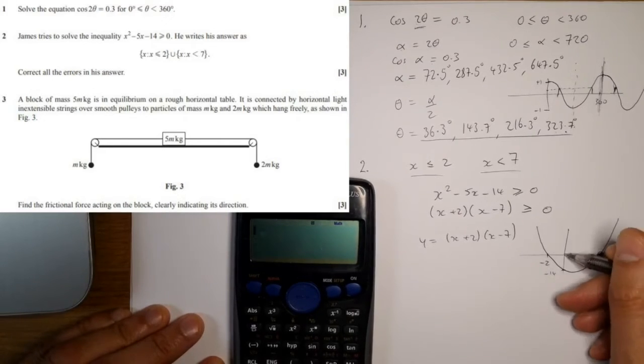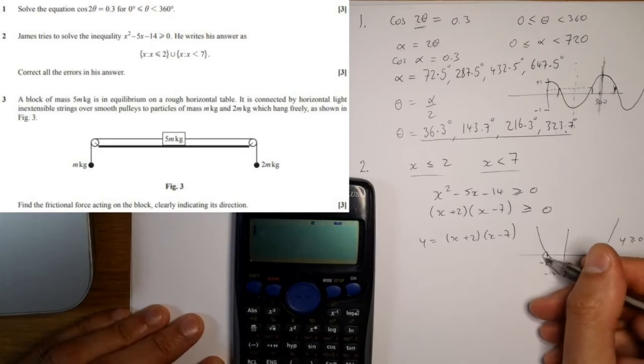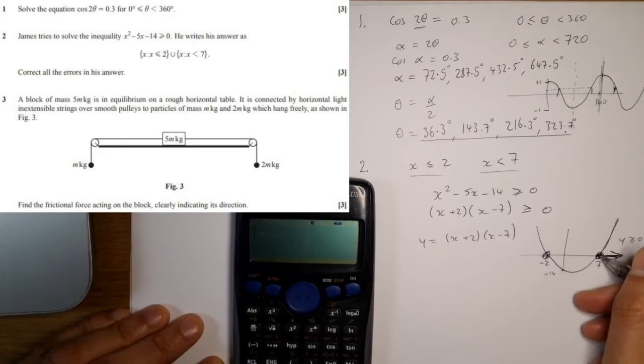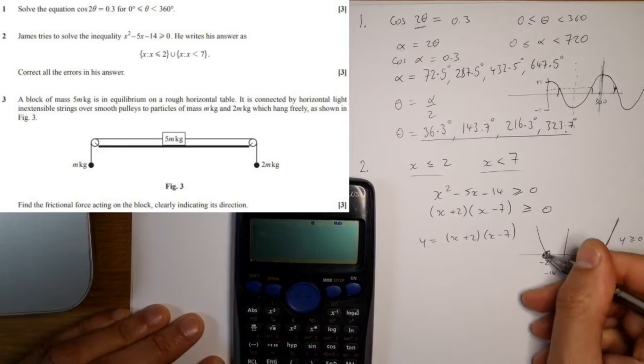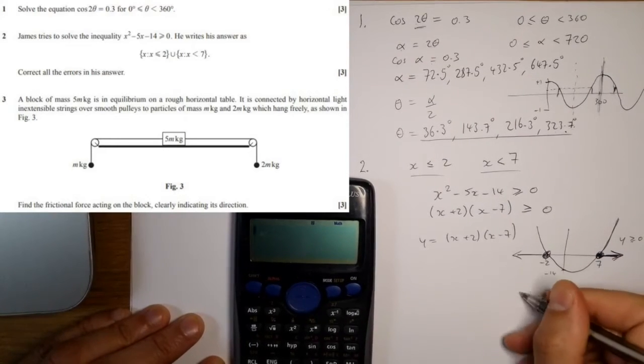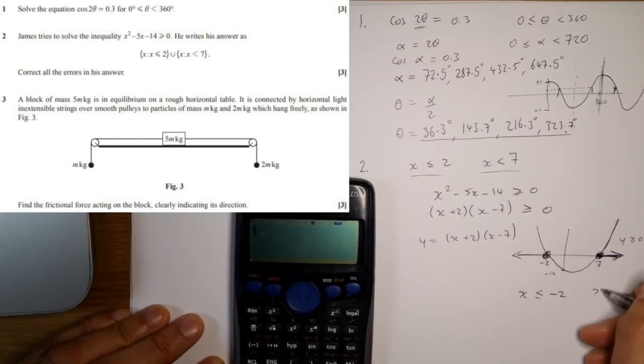When you put 7 in, you get 0, and it says all equal to 0. This number here, and up here, look, these are all y values bigger than or equal to 0. So we're talking the x values from that black dot upwards and the x values from that black dot backwards. So the solution, in the form that I would want to write it, would look like this.